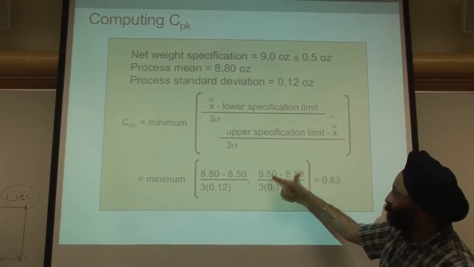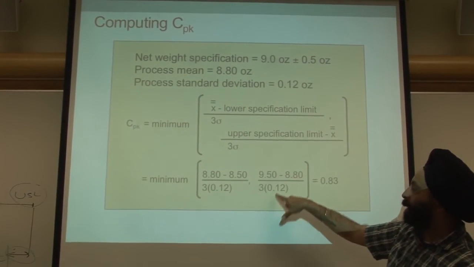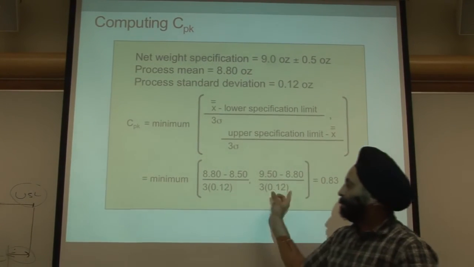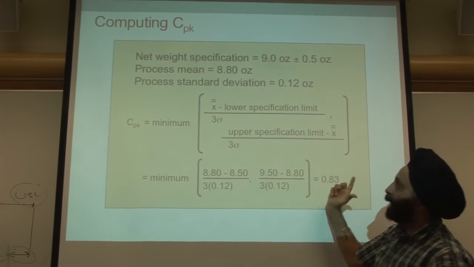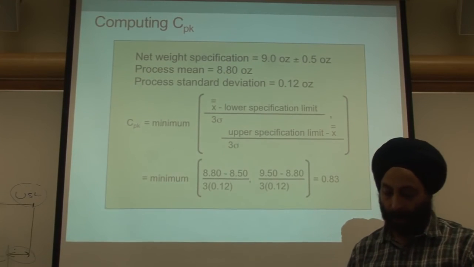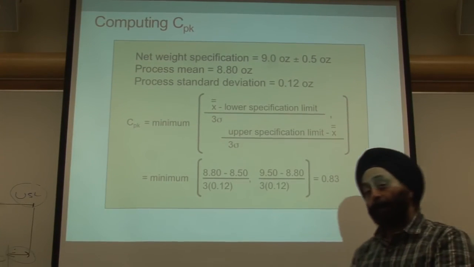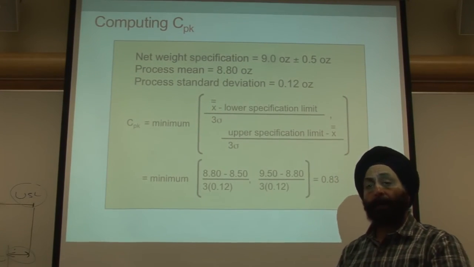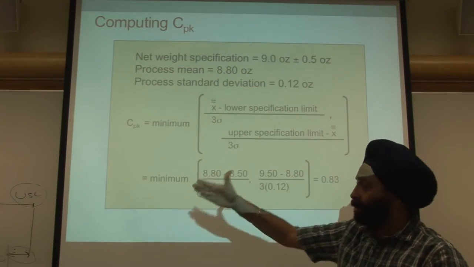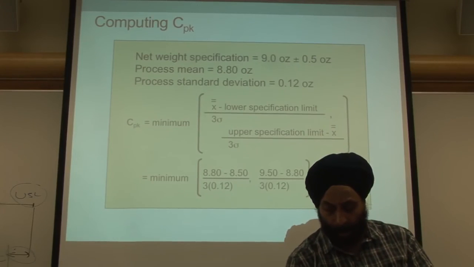The second part is 0.70 on the numerator divided by 0.36. That's definitely over 1. But the minimum of these two is the 0.83. So that makes this process not capable. Even though in theory it is capable of delivering a process that is within the design specification, because of the off-centering, it is not going to be doing it.